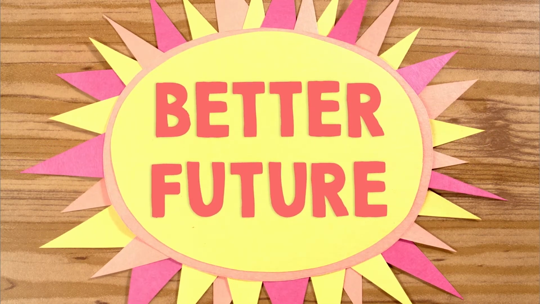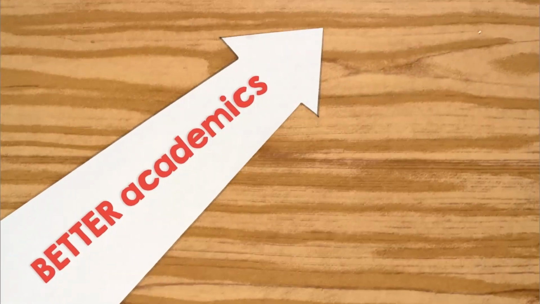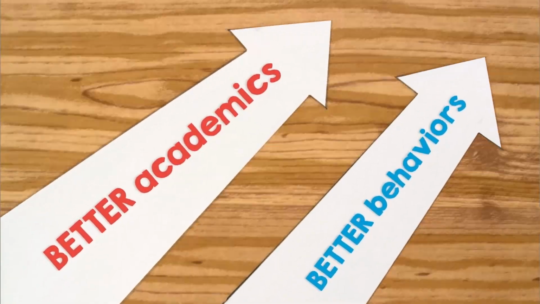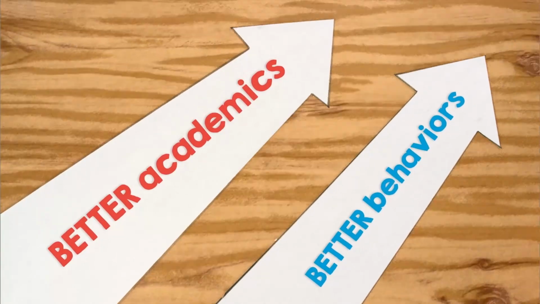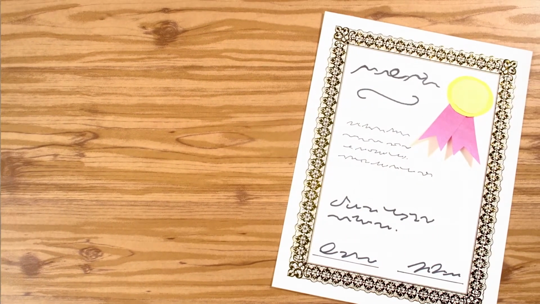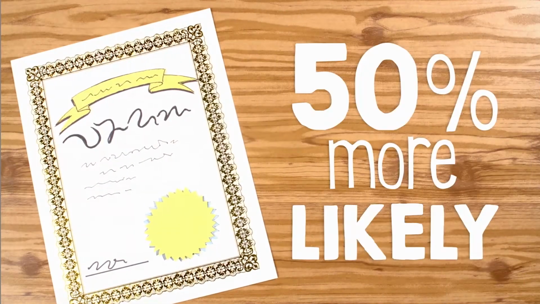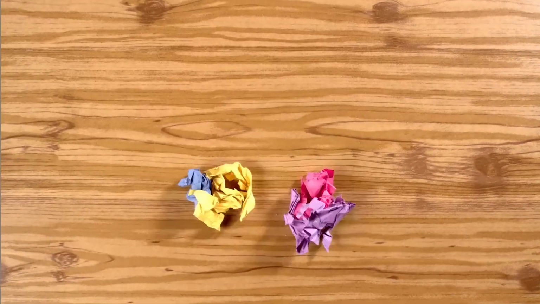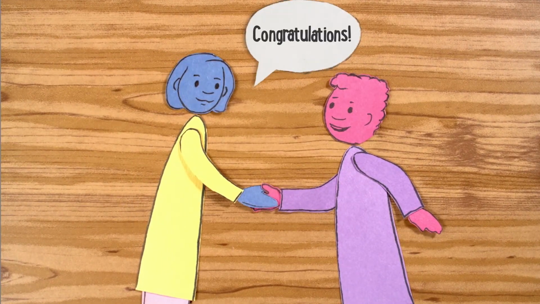Research shows social emotional learning makes a difference. Students who participate in SEL do better academically, have improved attitudes and behaviors, and act in delinquent or disruptive ways less often. In the United States, students with strong social-emotional competence are twice as likely to earn a college degree and nearly 50% more likely to graduate from high school and have a full-time job by age 25.